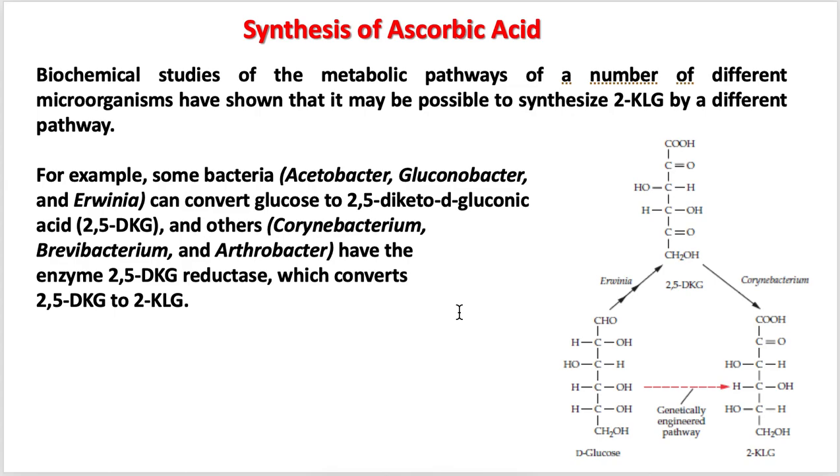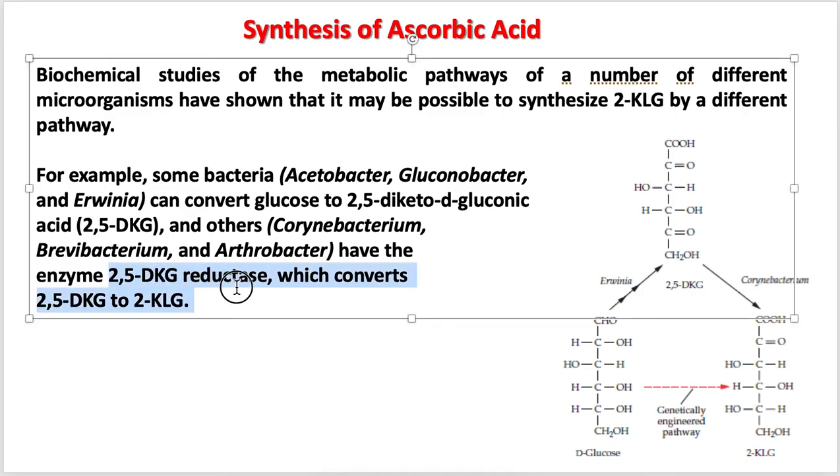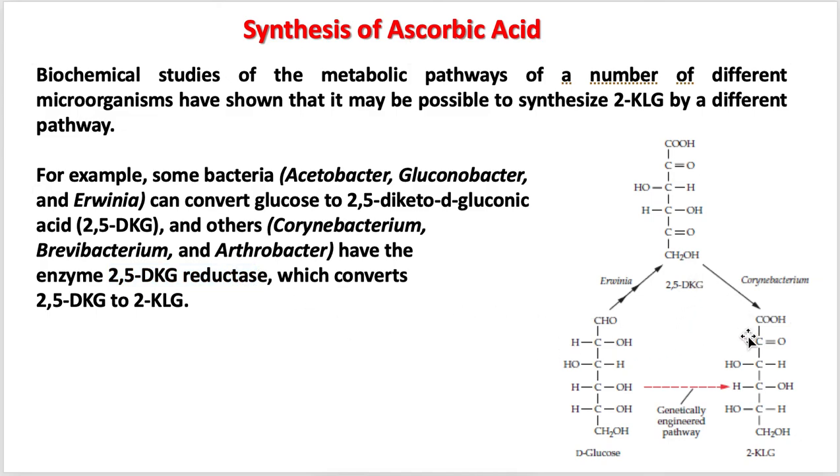On the other hand, Corynebacterium produces 2-KLG from 2,5-DKG in only a single step. That means only one enzyme, called 2,5-DKG reductase, which converts 2,5-DKG into 2-KLG. So there is only one gene, and that's why it's better.